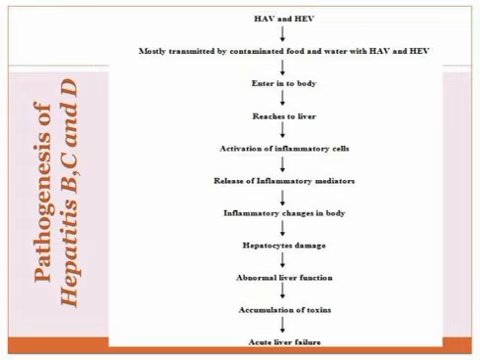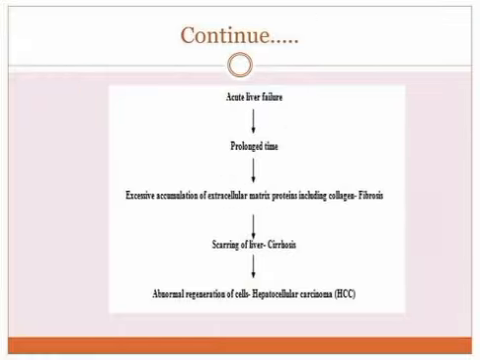There will be abnormal liver functions, accumulation of toxins, and acute liver damage. Further, when there is acute liver failure for a prolonged time, there is excessive accumulation of extracellular matrix proteins, including collagen fibrosis, which may lead to scarring of the liver, or cirrhosis. Abnormal regeneration of cells may cause hepatocellular carcinoma.